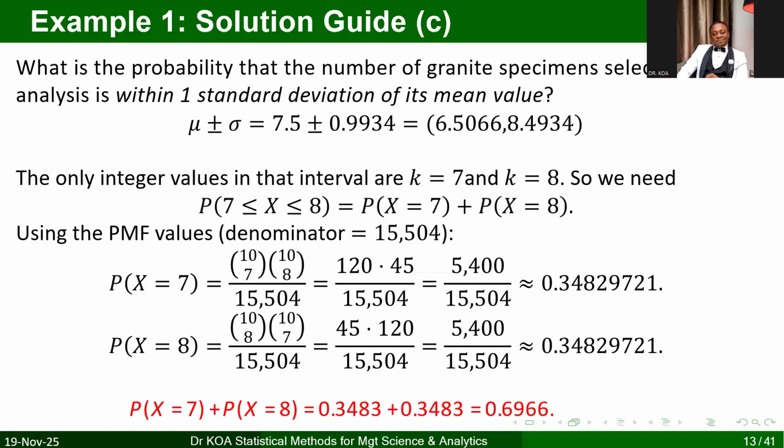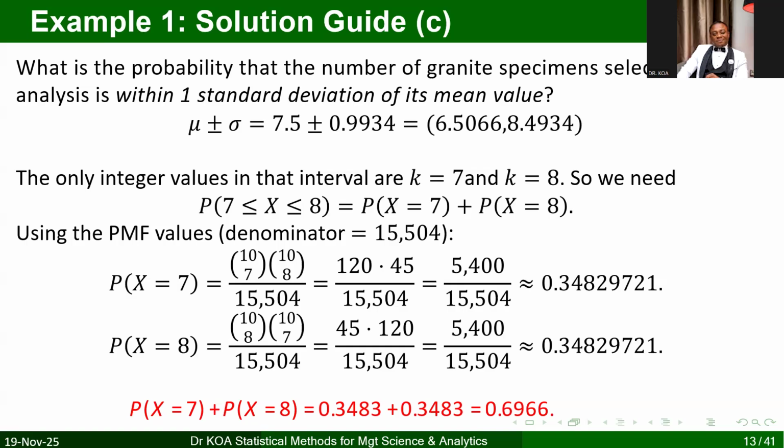Do you remember? So we are trying to say that the chances that this K is between 7 and 8, because 7 and 8 kind of match the mean, is almost 70%.